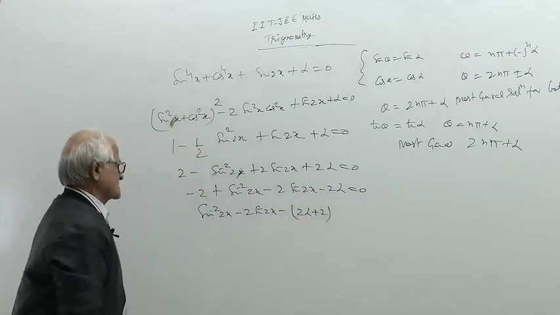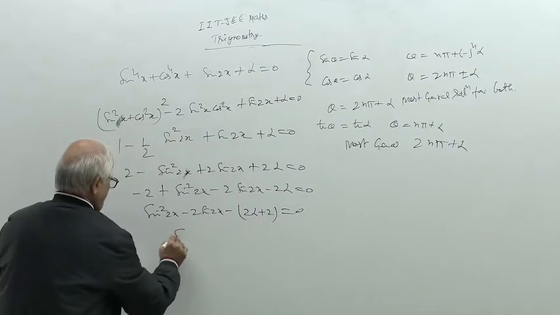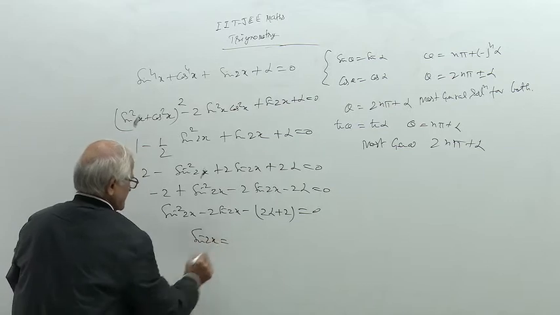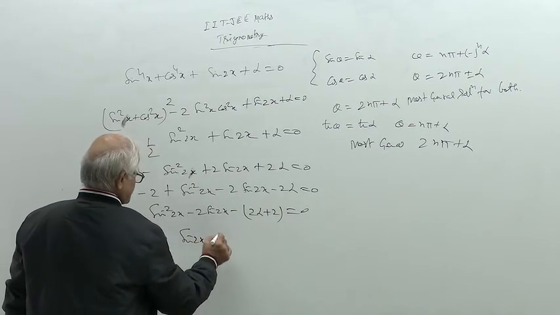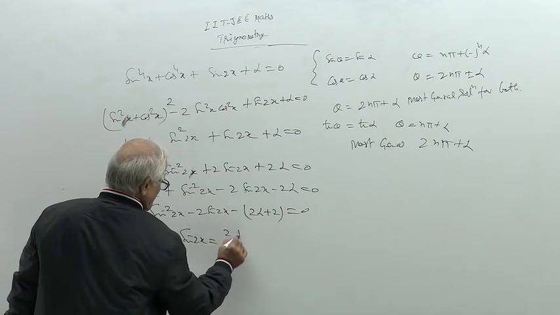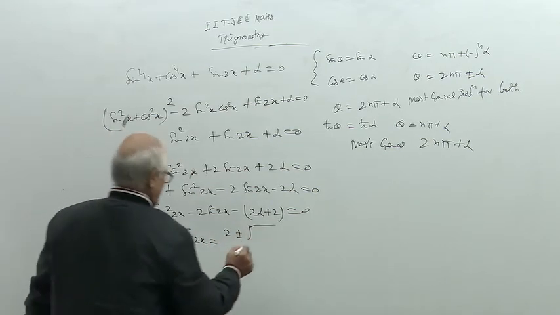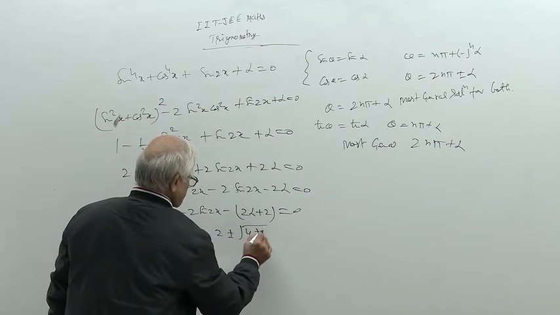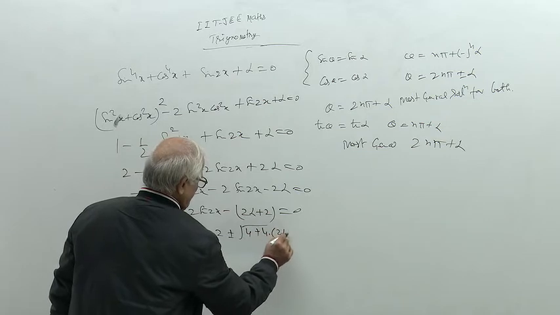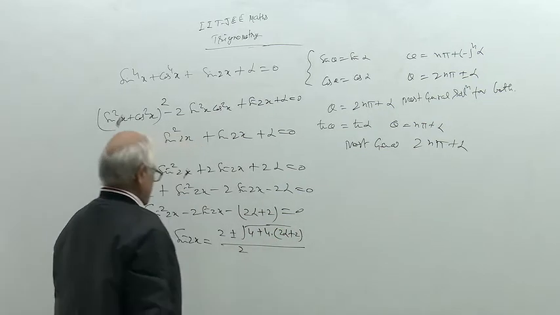We have this. Now the solution of sin 2x will be what? Solution will be this. Minus of minus 2 plus minus under root, this is 4 minus 4 times 2 alpha plus 2. We have this.